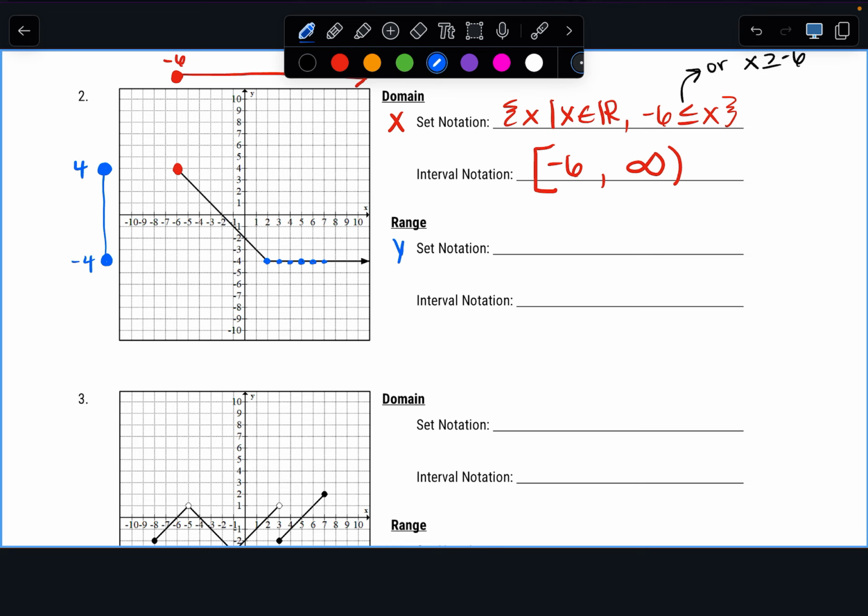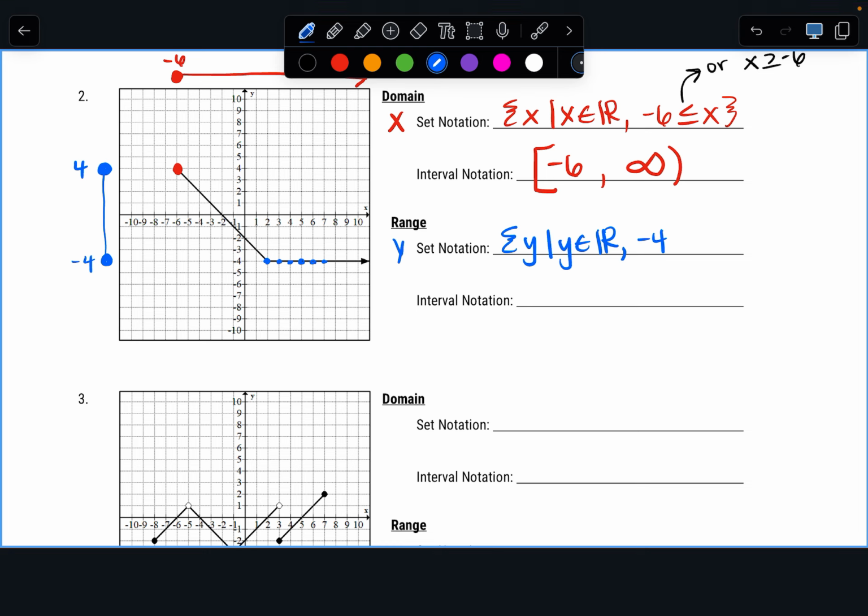Now, if this graph, for some reason, had an arrow at the end, then I wouldn't have any restrictions on the top. It would go all the way up to positive infinity. But because there is a point there saying this is the highest value we're going to include, I have to stop there. So when I write the set notation, y such that y is an element of all real numbers, I can say I'm going from -4.